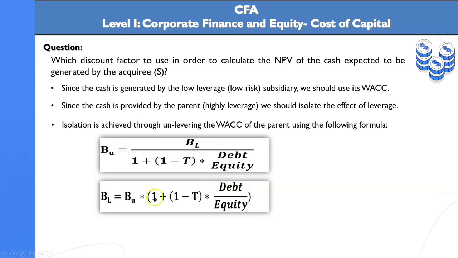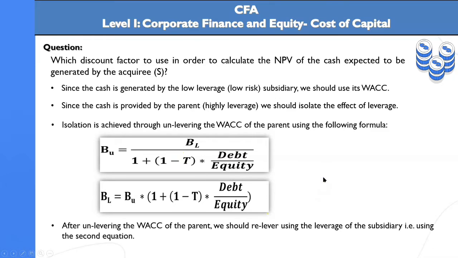And then we re-lever using the leverage of the subsidiary. After we get the beta unlevered, we multiply by this data from the subsidiary to get the beta with the leverage of the subsidiary, bringing in the beta of the parent that has provided the money, and then we use that to discount the future cash flows.